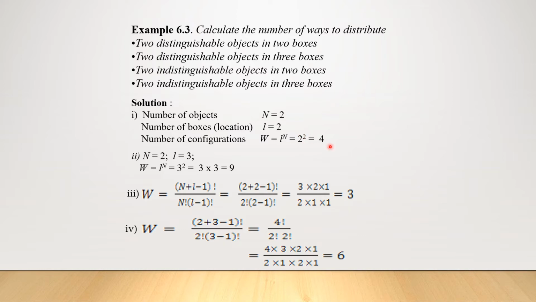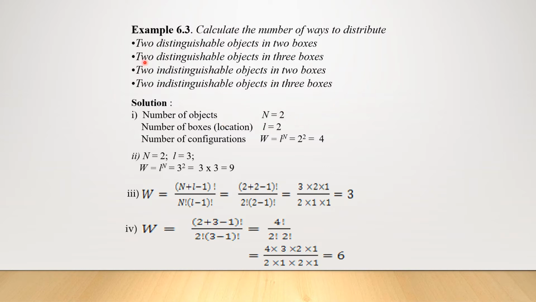That means there are 4 ways to distribute 2 distinguishable objects in 2 boxes. So we have calculated the answer to the first case with the help of the simple formula W is equal to L raised to the power n, where small l means number of boxes or locations, that is 2, and capital N means the number of objects, that is also 2.